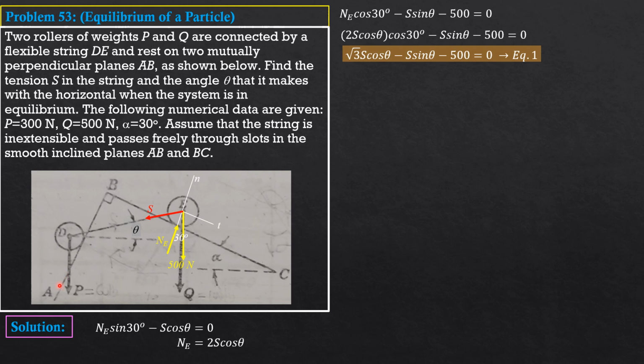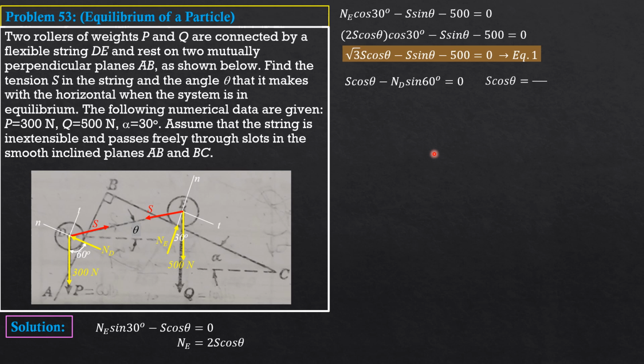Then let's have the free body diagram of the second roller. Remember, this angle of inclination is 60 degrees, 90 minus alpha, or 90 degrees minus 30 degrees. So this is the weight, 300 newtons. Then we have the tension in the string and the normal, which makes an angle of 60 degrees with the vertical. Summation of forces along X first: S cosine theta minus ND sine of 60 degrees, the horizontal component of ND, equals 0.